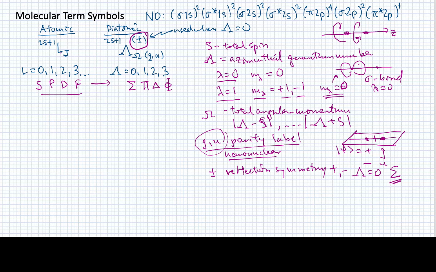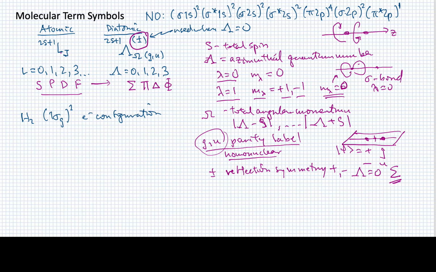All right, so given all of this, how would we construct one of these term symbols for a given molecule? Well, let's do H2, which is a pretty simple case because H2 has a configuration of simply 1 sigma g squared. That's a really easy configuration. So this is our electronic configuration.